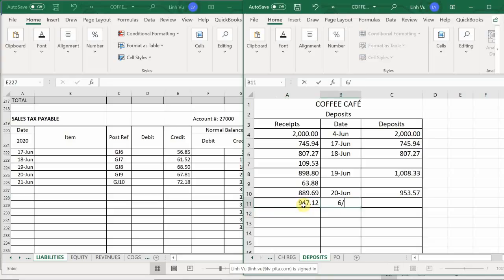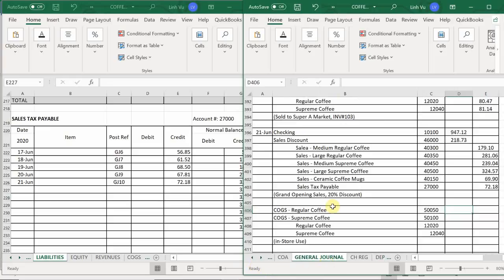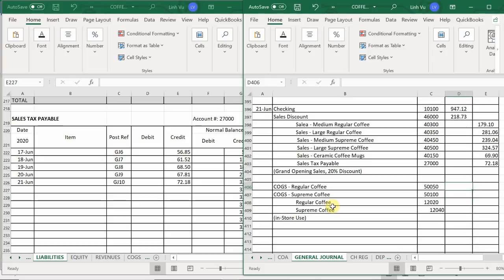Okay. It's the end of the day today, so we can transfer that amount over.